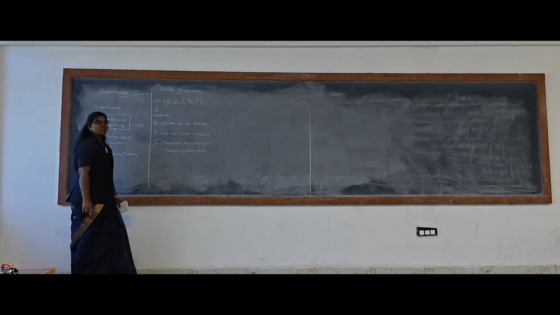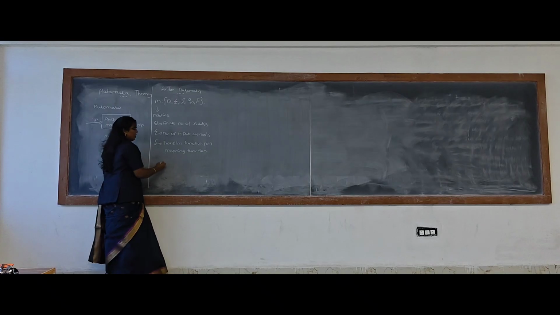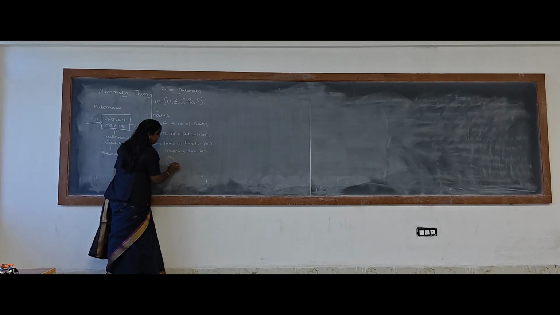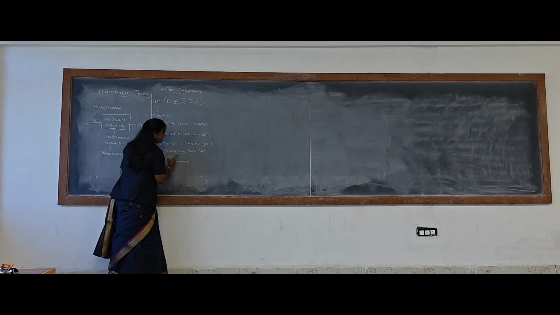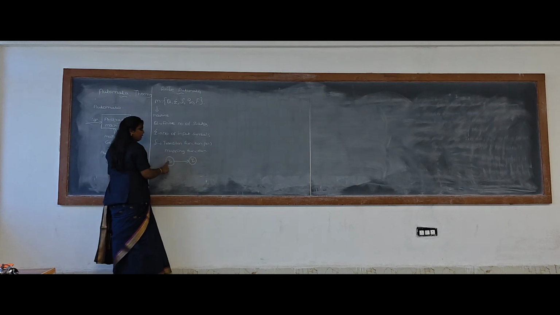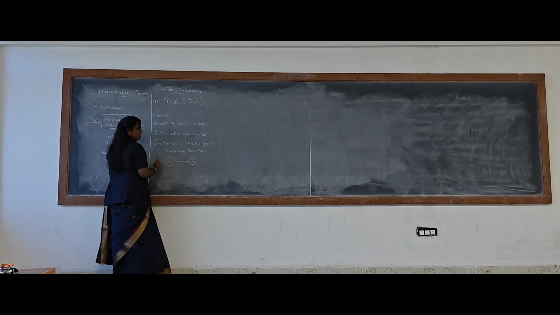This transition function represents a transition between two states. If we are in the state q naught, we have to transit from q naught to q1, which means we move from one state to another state. That transition is called the transition function.